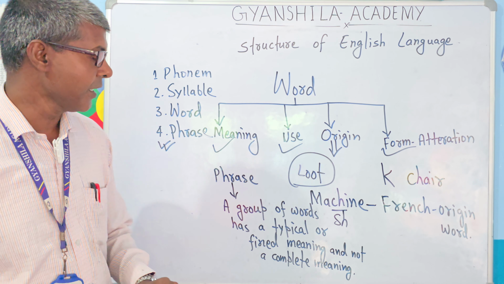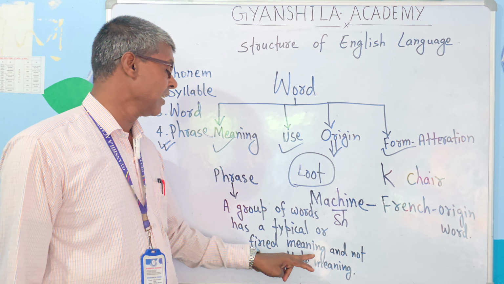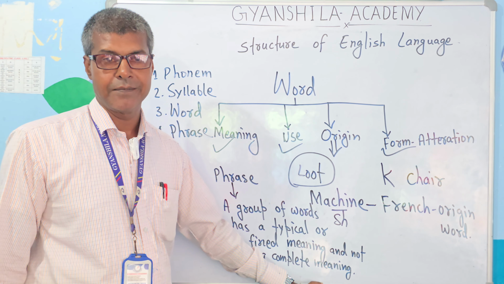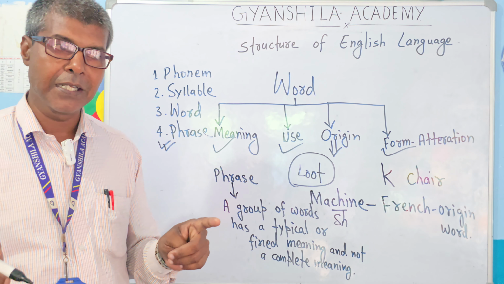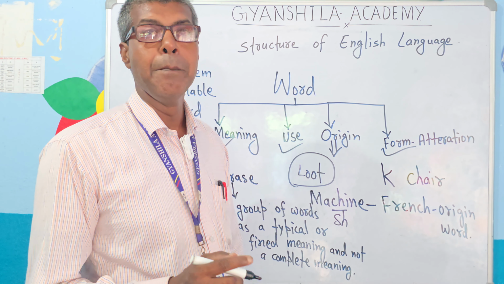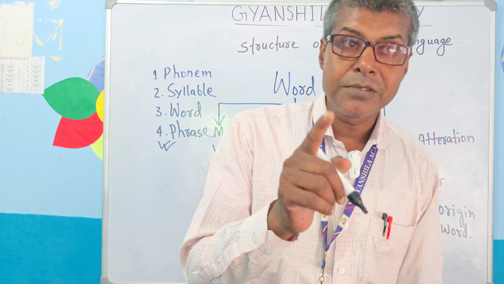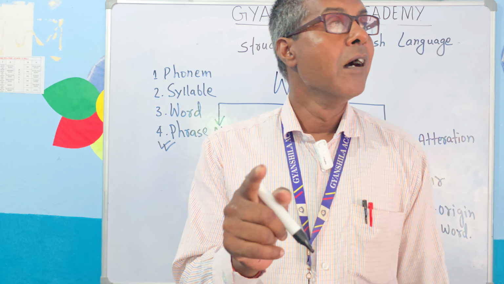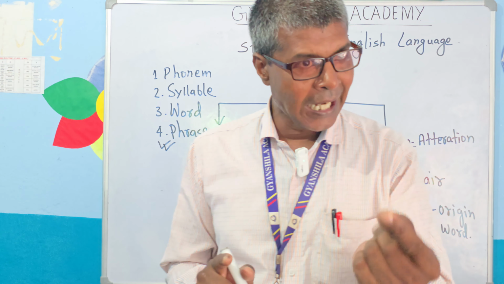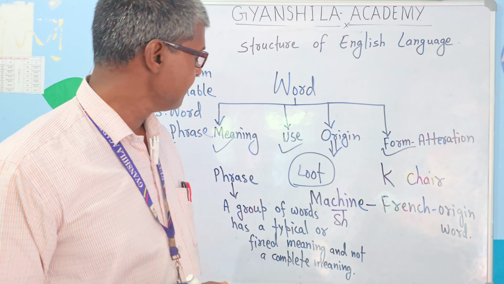Two things are very important: it has a typical or fixed meaning, and not a complete meaning. A group of words has meaning but not complete meaning, because when the meaning becomes complete, it becomes a sentence. But a phrase is not a sentence, it is a part of a sentence. So it has meaning but not complete meaning.